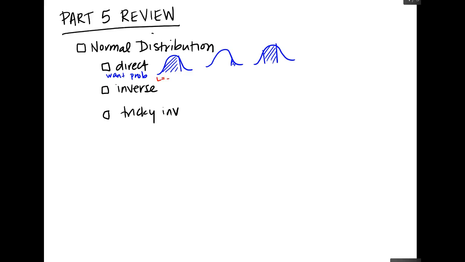So for the left side, our lower bound is negative E99, and our upper bound is the actual cutoff. For the right side, our lower bound is the cutoff, and our upper bound is a positive E99.